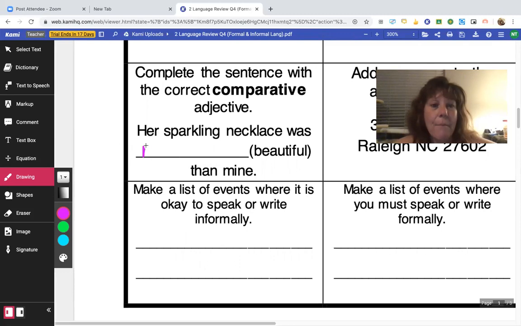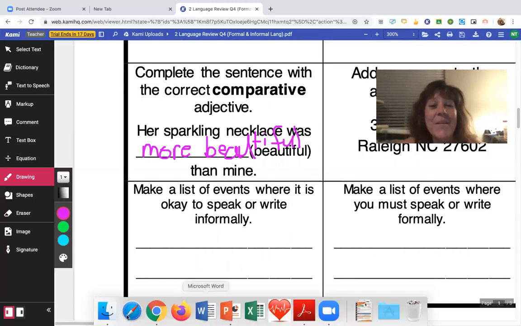So we're going to write more beautiful. I should have typed this, huh? I'm going to get used to this one of these days. By the end of the school year, I'm going to be a master wizard at writing with my mouse.